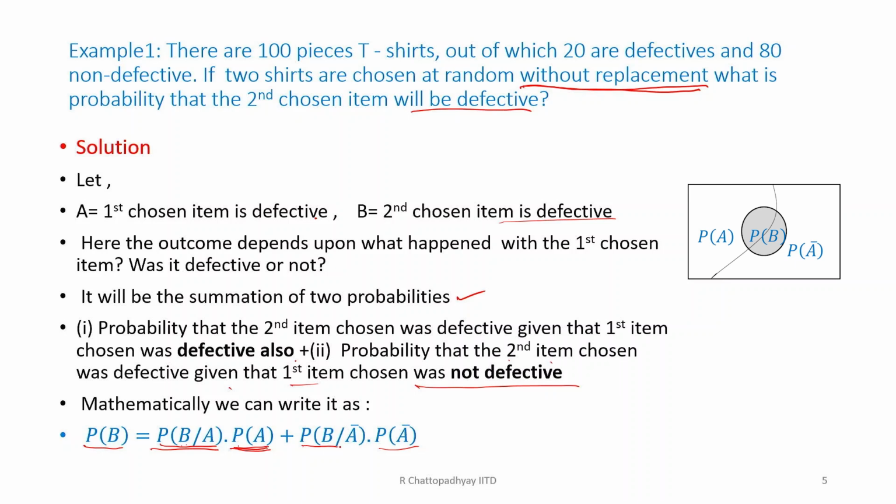The next one is the probability that the first chosen item was not defective, so it is written A bar. Given that A bar, what is the probability that the second item will be defective? So P(B|A bar) into P(A bar).